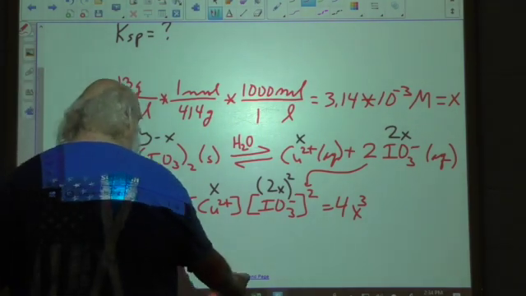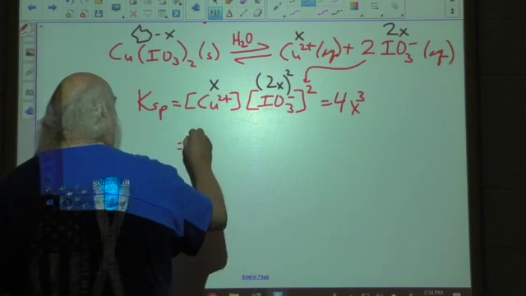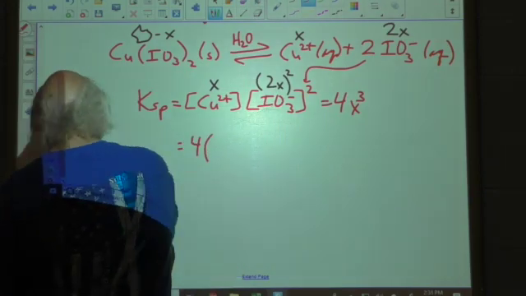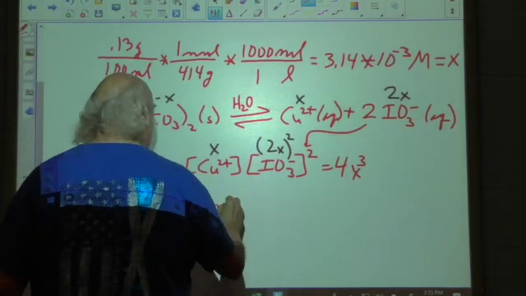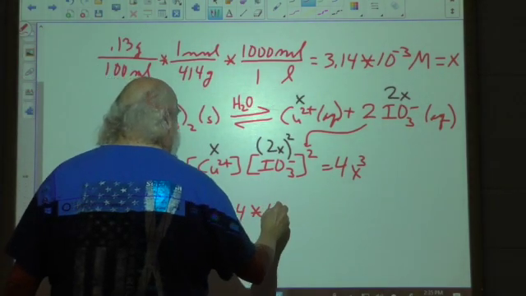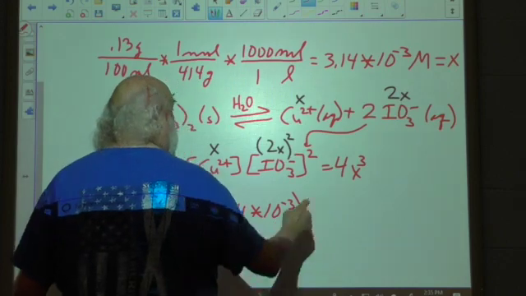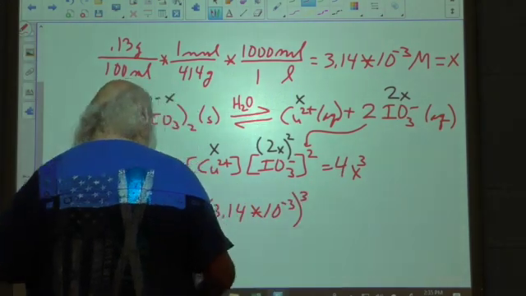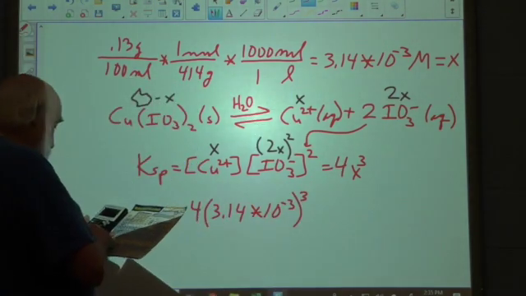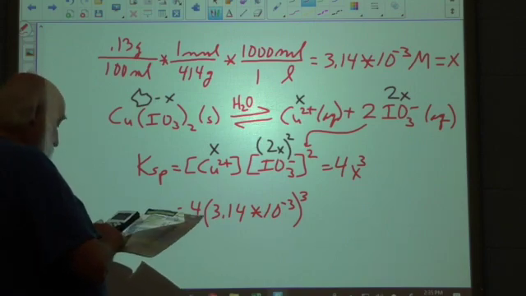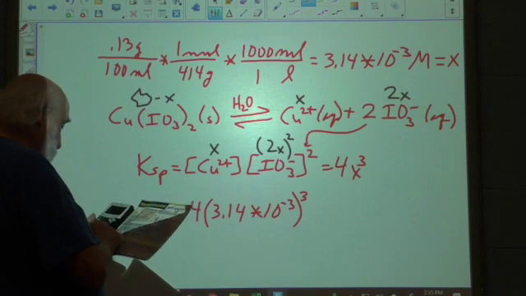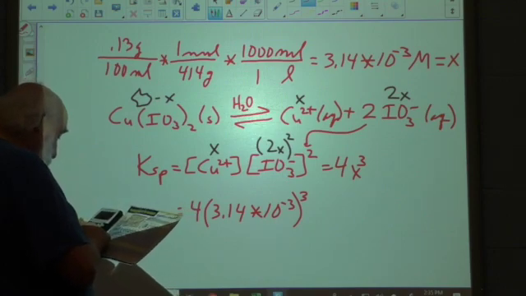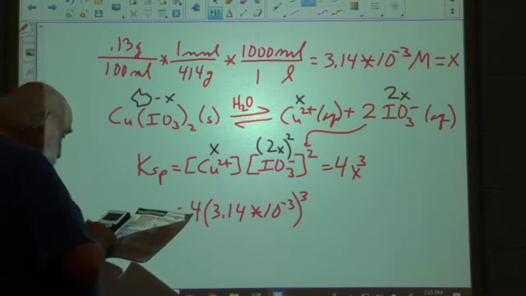So this is going to be 4 times, and then the value we got for that is 3.14 times 10 to the negative 3, and that is cubed. So 4 times, parentheses, 3.14 e negative 3, cubed.